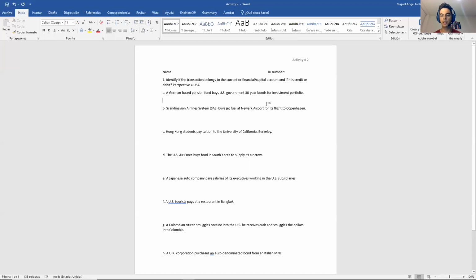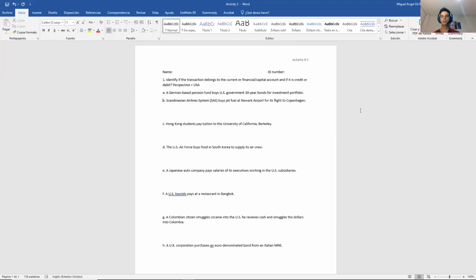So they send money to the US, that means credit for the US. And finally, it's about bonds. It's about portfolio investment. So that means it is the financial and capital account. So do this with the next examples and that will be the activity for today. Remember, activities need to be submitted on this day.